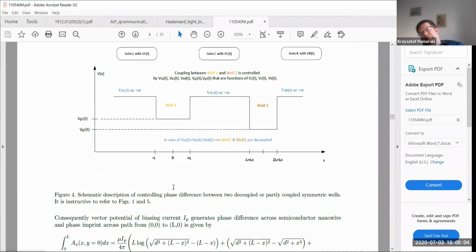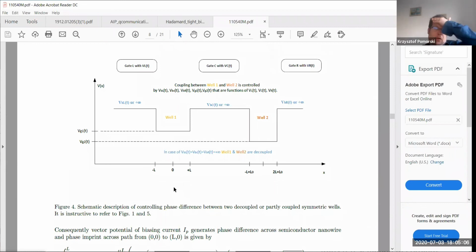So one way of controlling the phase difference was by an external source of electric current or an external source of magnetic potential. Another way is by changing the bottoms of a position-based qubit.